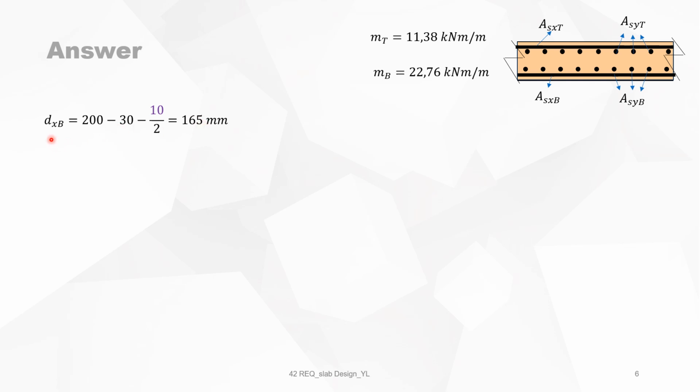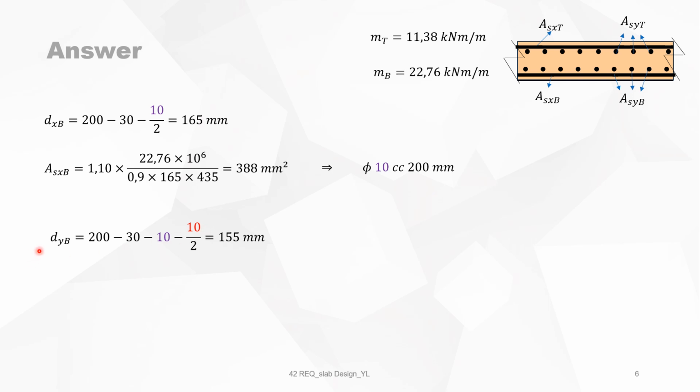Now let's have a look at the bottom reinforcement. We have the effective depth equal to 165. For the bottom reinforcement, the bending moment is bigger, so that's why we start with diameter 10. The needed reinforcement is then equal to 388 square millimeters, or diameter 10 every 200 millimeters.